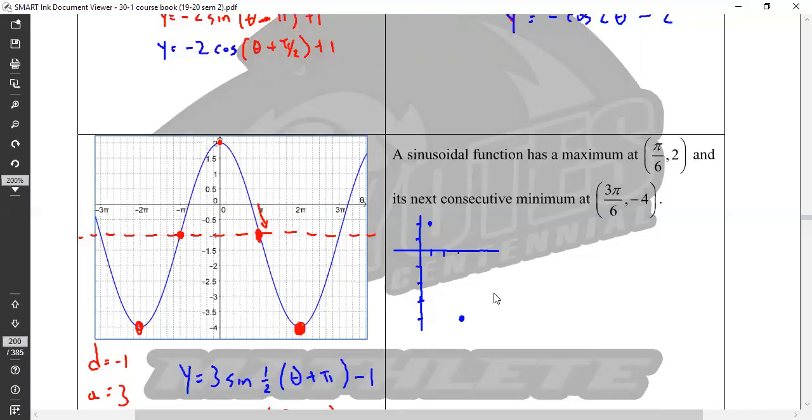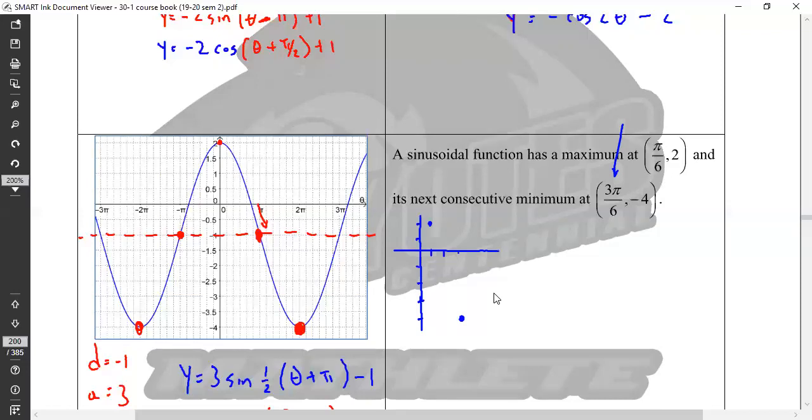Just by sketching this out, that's probably why this is given to us without that fraction reduced, just to realize that they're all just counting pi over 6. And if they're counting pi over 6, and we have a maximum at pi over 6 comma 2 and a minimum at 3 pi over 6 comma negative 4, what's our median height between those two?